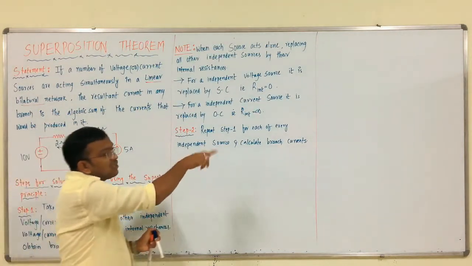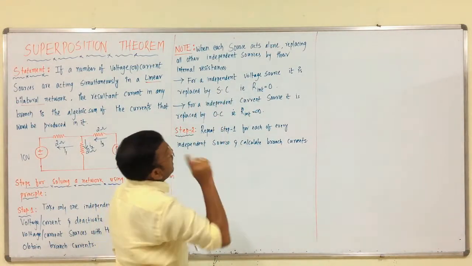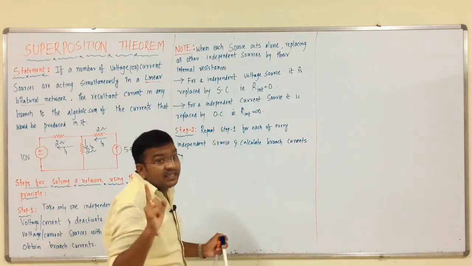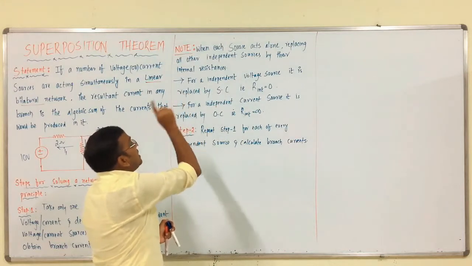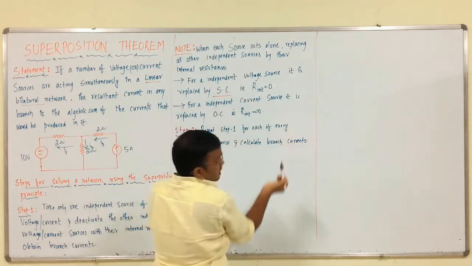Then what is the internal resistance of a voltage source or current source? See, when each source acts alone, we replace all other independent sources by their internal resistances. So, an independent voltage source is replaced by what? Short circuit, right. What is meant by short circuit?